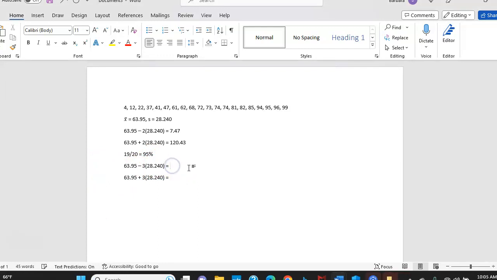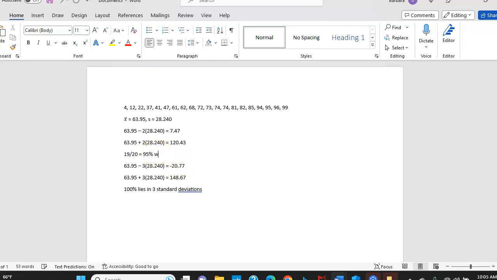And we get, for the first calculation, negative 20.77. And for the second calculation, 148.67. So notice that all of our data falls between these two values. So really we have 100% of our data lies in three standard deviations.